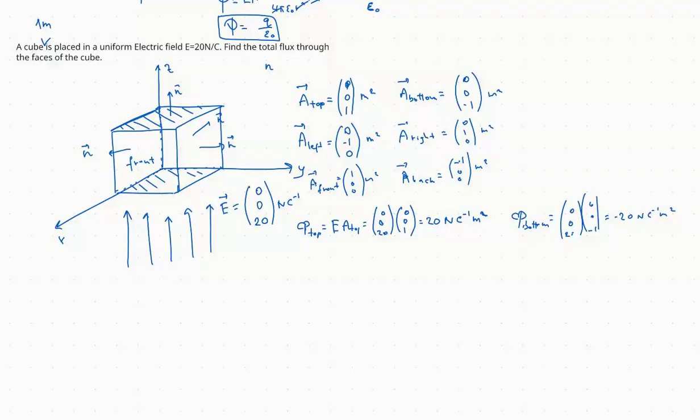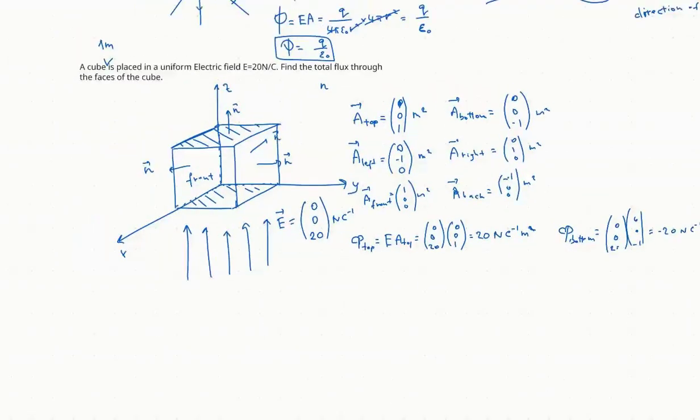You know what? Let's reverse the normal, it makes more sense. Let's use the inside normal vector, and that flips the signs.